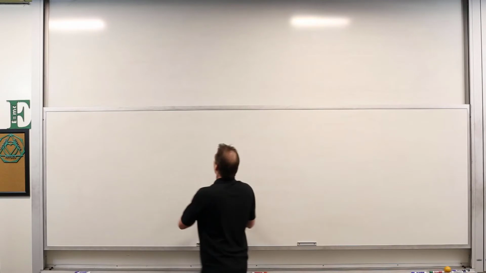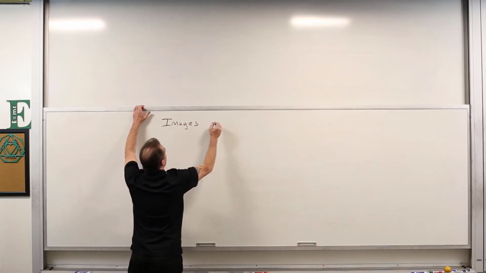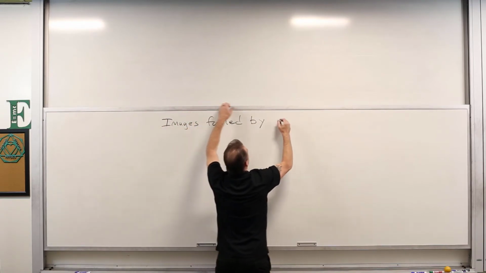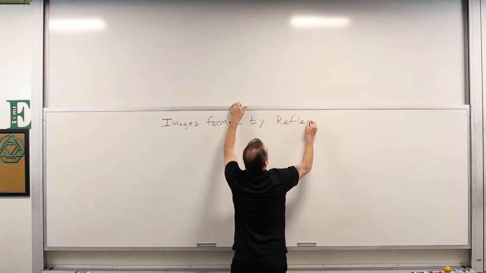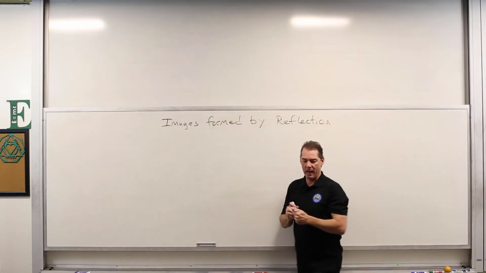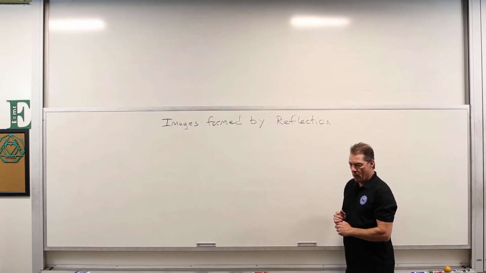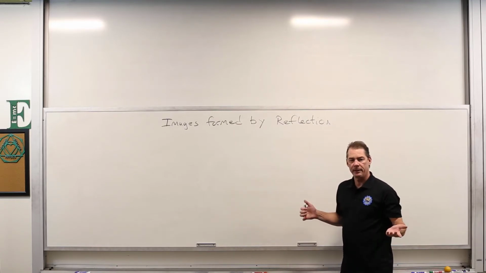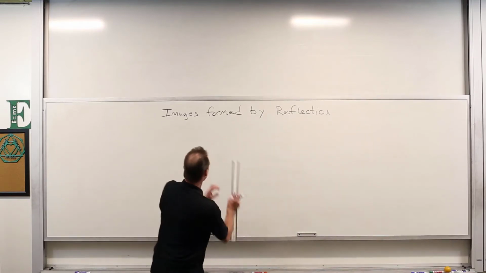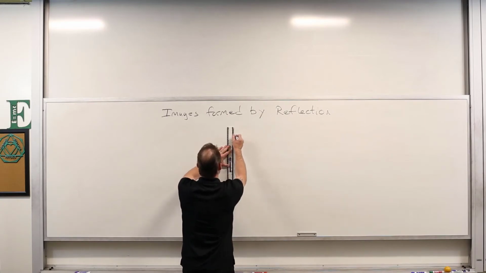So we're going to be looking at images formed by reflection. That's right. So what can we do? Well, let us take a nice little planar mirror and just have a little for instance. Let's say that we've got a mirror.